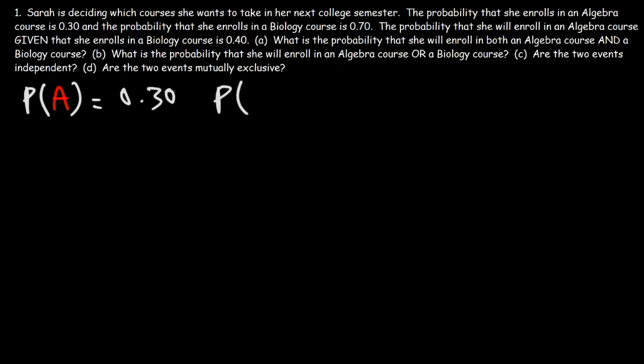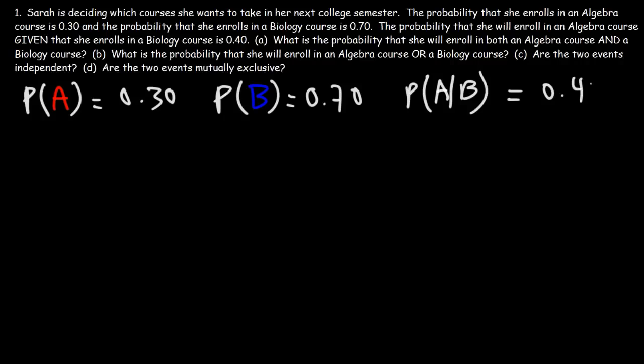And the probability that she takes a bio course, that's 0.70. Now, the probability of A given B, that is, that she takes an algebra course given that she takes a bio course, that's 0.40.